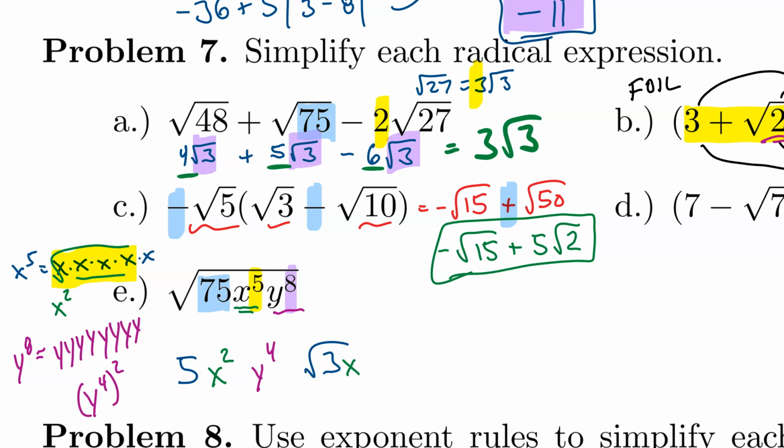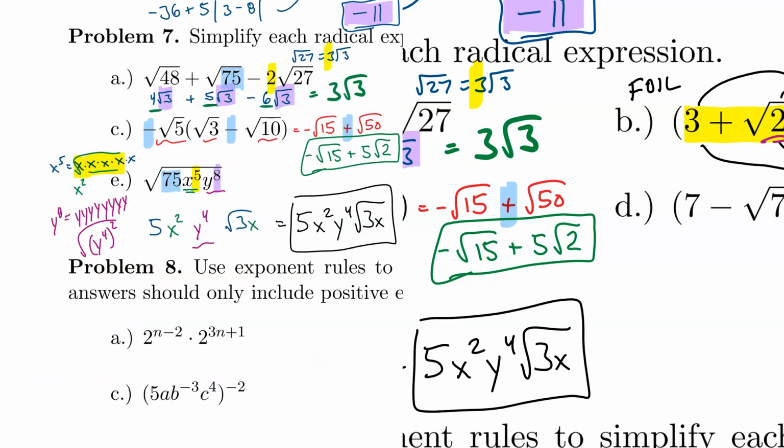We would multiply those exponents to get y to the 8th. I'm taking the square root of that square, and I get y to the 4th. So let me gather together. My final answer for part E is 5x squared y to the 4th, and then under the square root, I just have 3x.